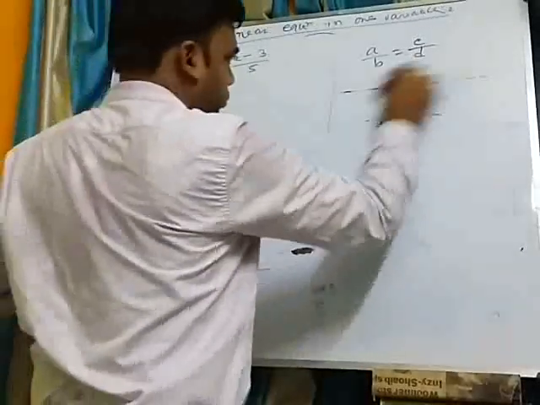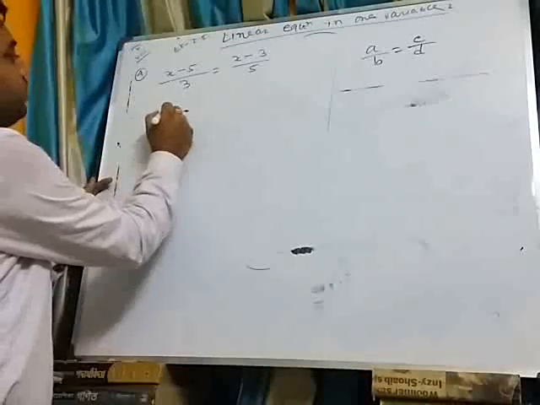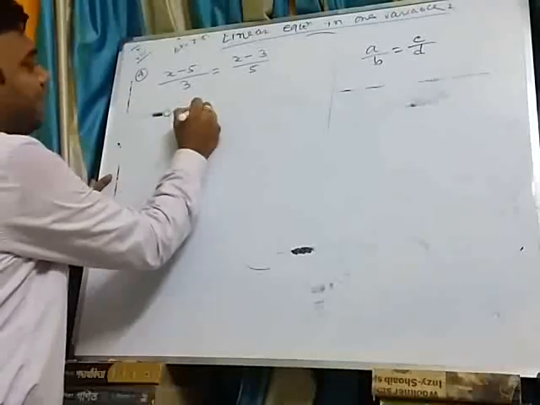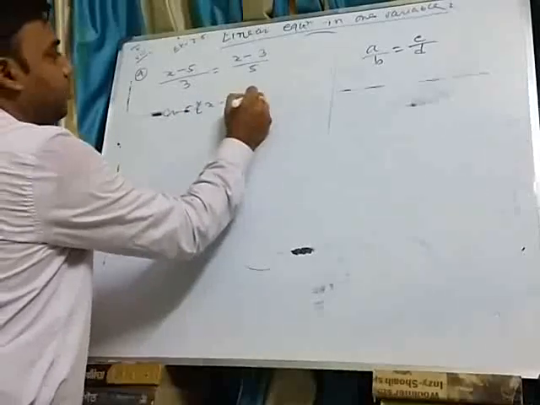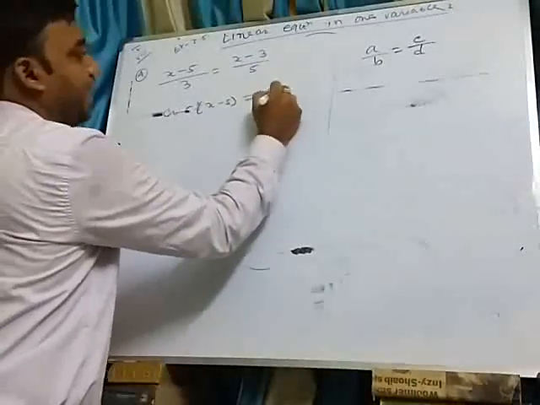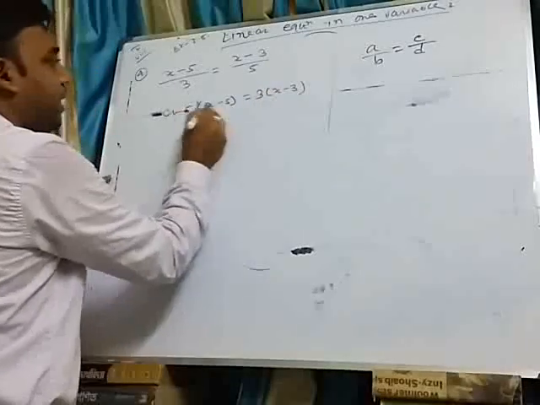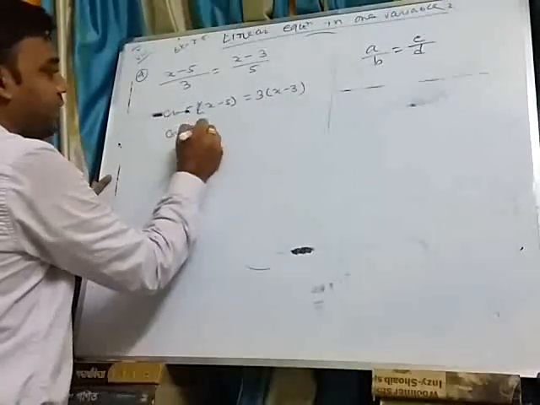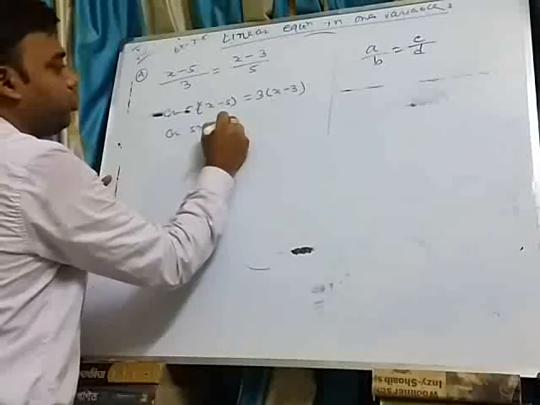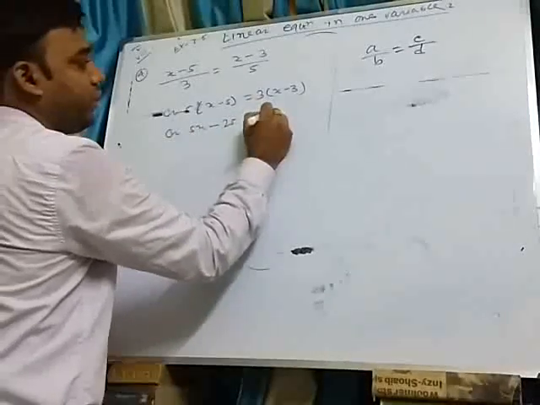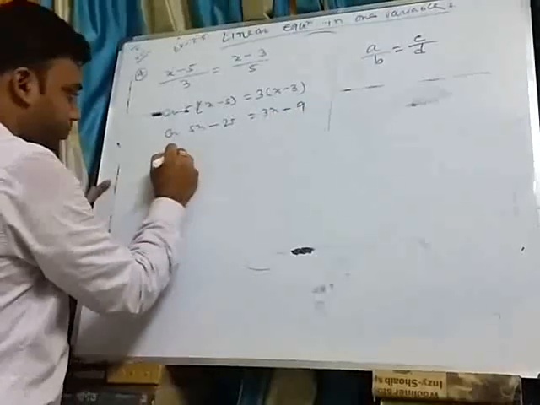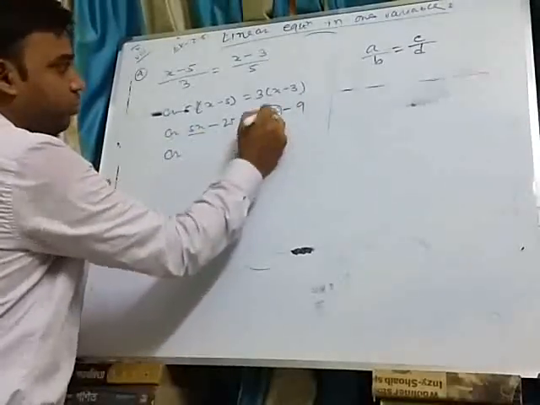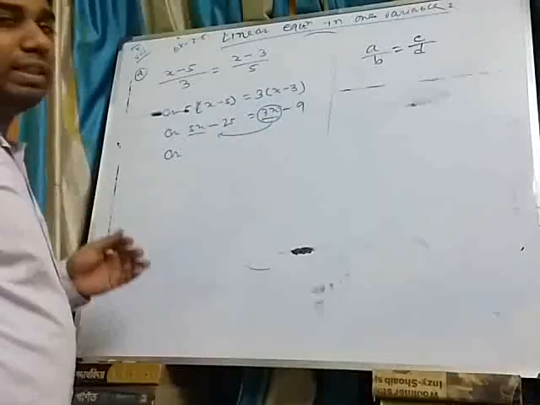Using this cross multiplication method, we will solve these sums. According to the rule of cross multiplication, it will be 5 into x minus 5 equal to 3 into x minus 3. 5 into x, 5x, minus 5 into 5, 25. 3 into x, 3x, minus 3 into 3, 9. Now move this 3x to this side.